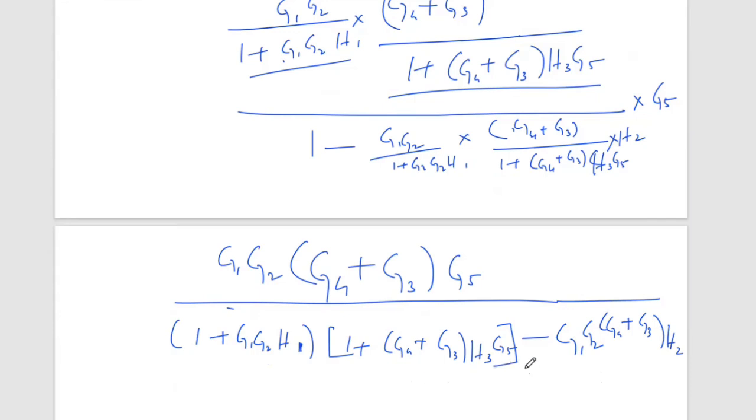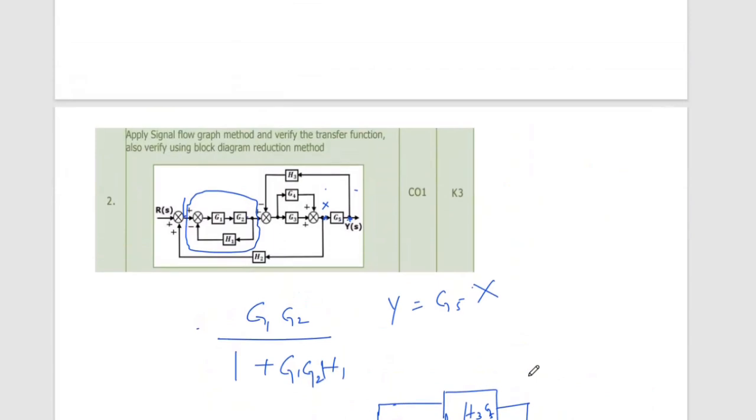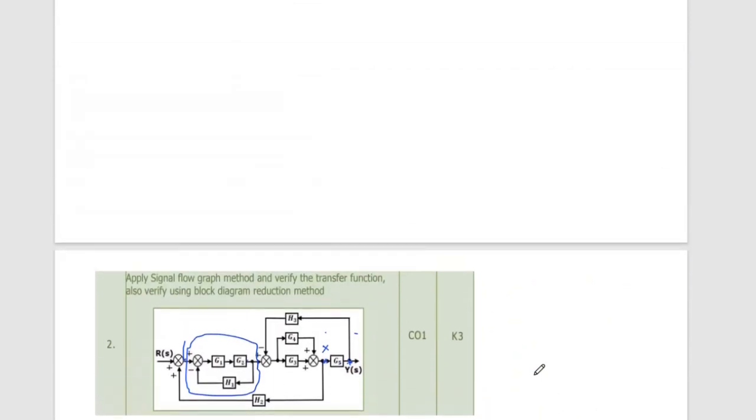Now let us draw the signal flow graph. Let me draw it here on top. R of S is here. Then you have a point. This is a summer, this is also a summer, so you can add here also.